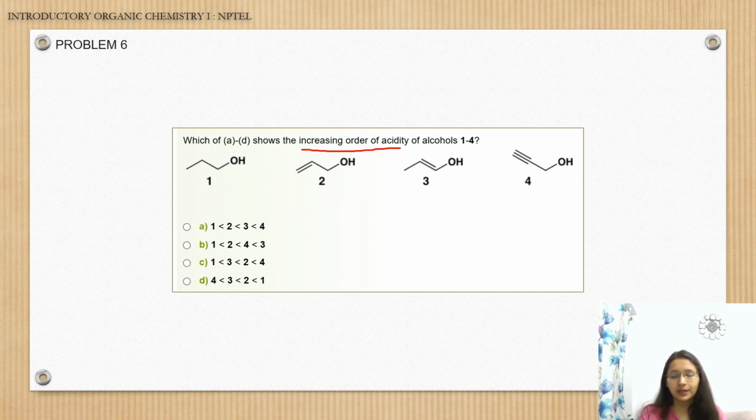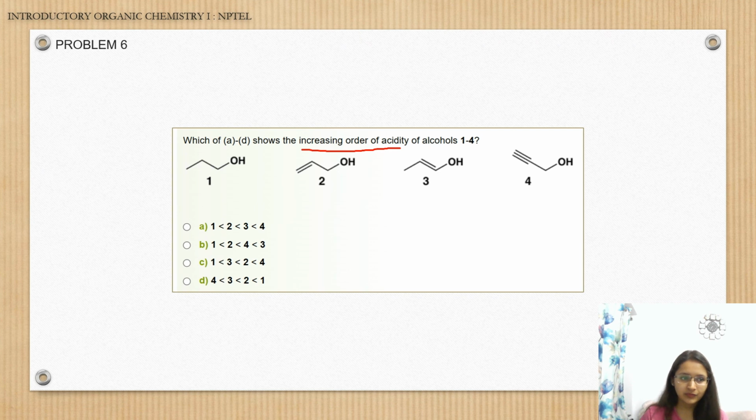See, to decide which is more acidic in an alcohol, you have to see what is connected at the adjacent end, the carbon. So just tell me which would be the more electronegative species: the sp hybridized carbon, the sp2 hybridized carbon, or the sp3 hybridized carbon?